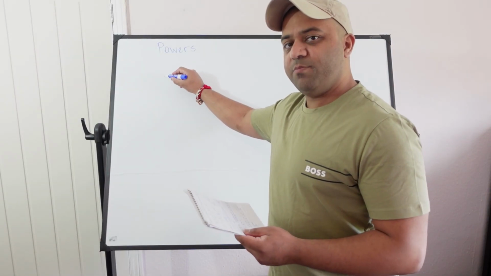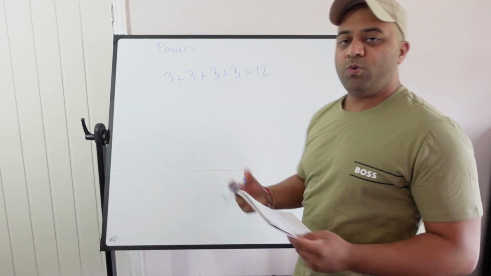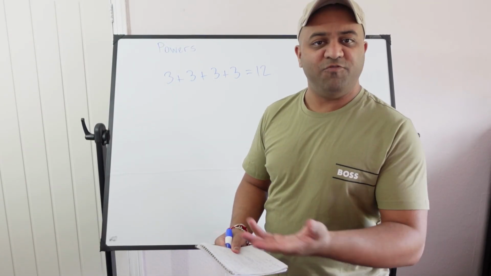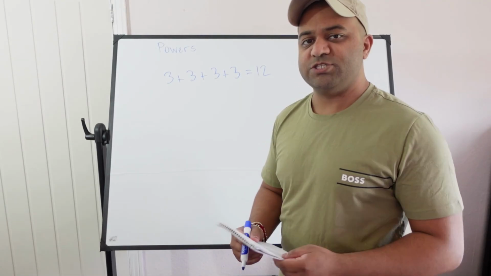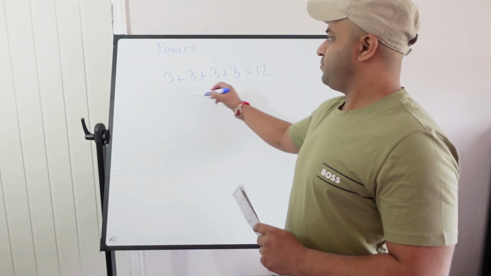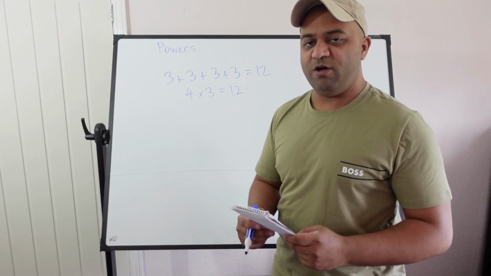If we add the number 3 4 times in a row, we'll get 12. Now, it's not convenient to write this addition repeatedly, so the shorthand is to write down 4 lots of 3, which results in 12.